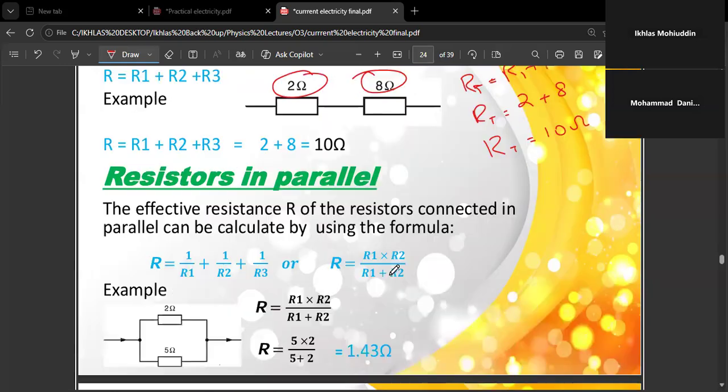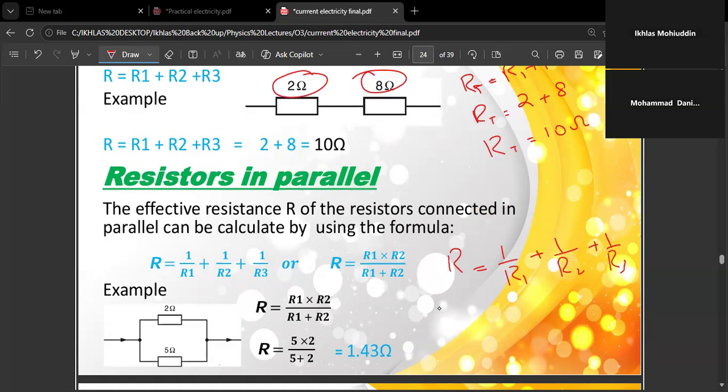Okay. Now in parallel, how can we add the resistances? 1 over R1 plus 1 over R2 plus 1 over R3.